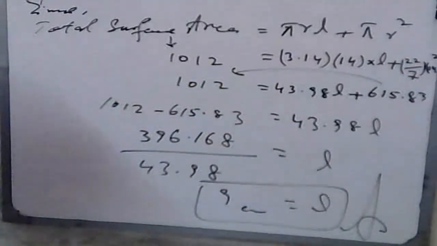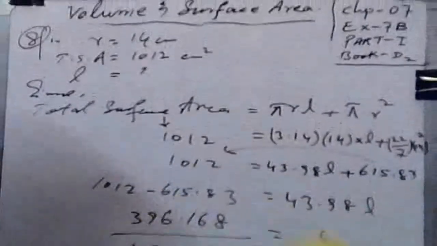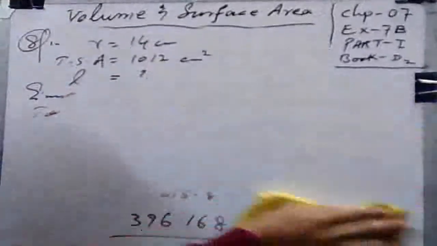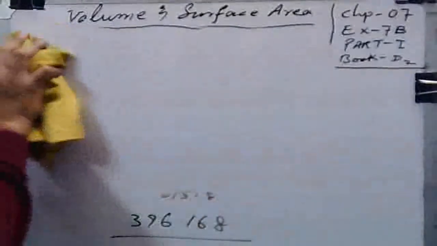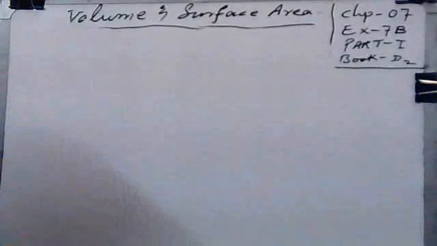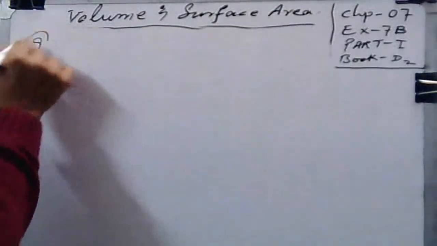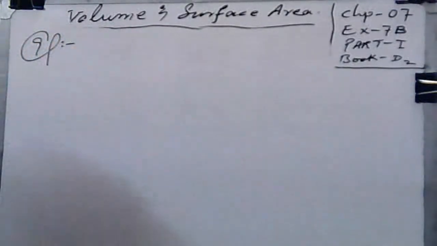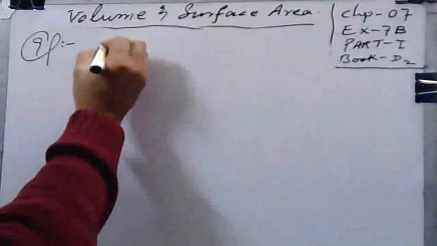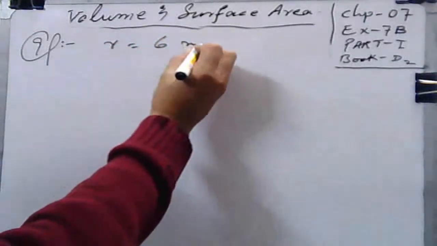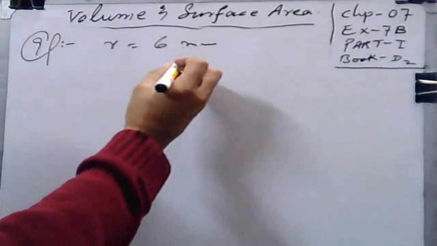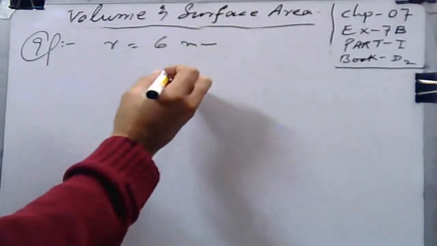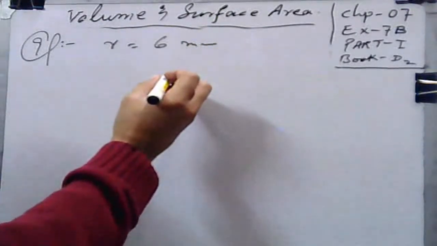So coming to question number 9. A cone has a circular base of radius 6 millimeter, that is radius is equal to 6 millimeter, and curved surface area of 84 pi millimeter square.